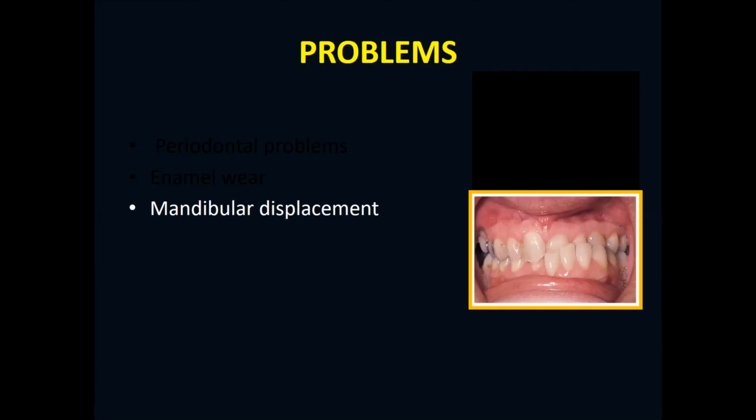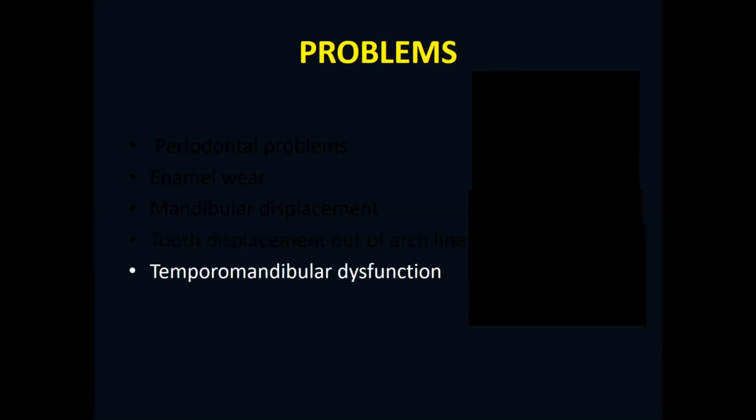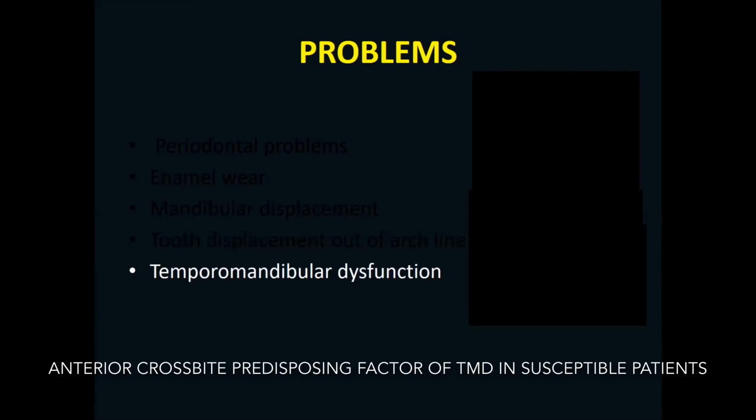Moving on to the one tooth in the crossbite, that it will be out of alignment, and in some patients the anterior crossbite may cause displacement of the mandible. So in some susceptible patients, this could be a predisposing factor.